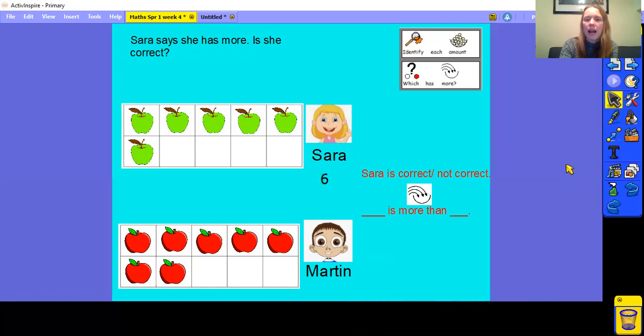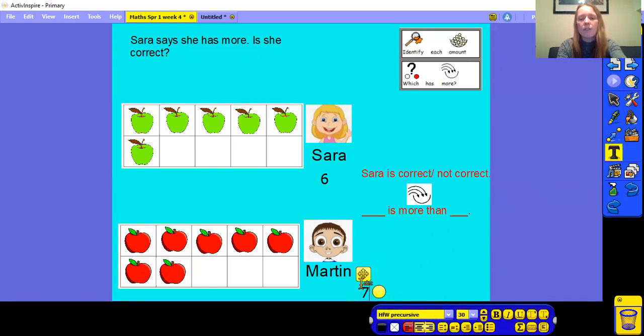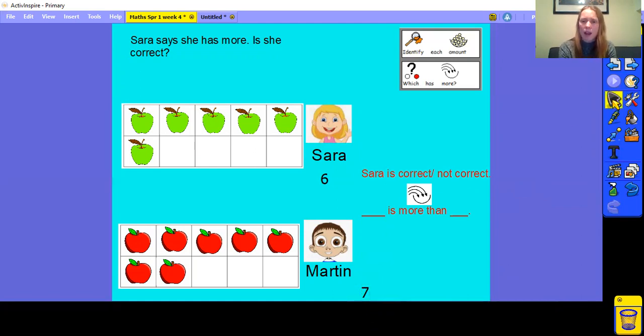Now let's find out how many apples Martin has. 1, 2, 3, 4, 5, 6, 7. Martin has 7 apples. Now, is Sarah correct? Does Sarah have more apples? No, Sarah is not correct.